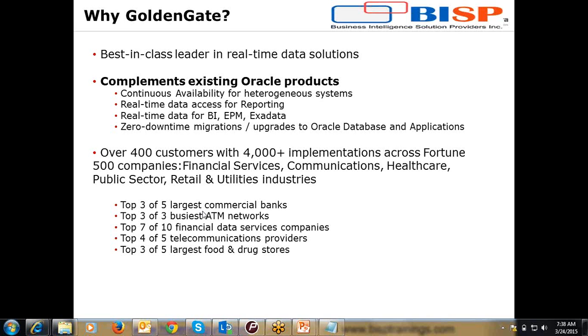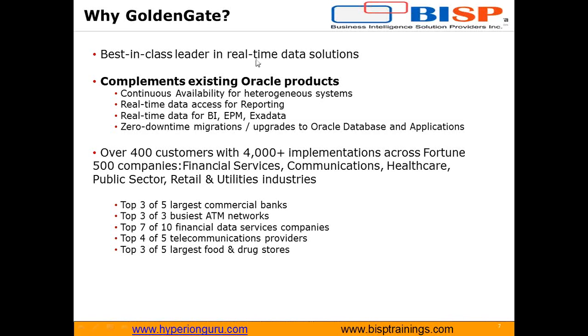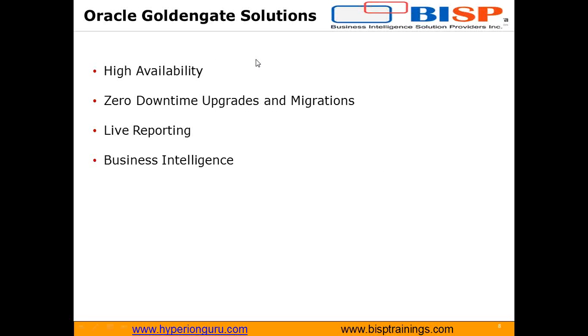Moreover, it works on heterogeneous environments as well. So it provides you high availability, zero downtime upgrades and migrations, live reporting, and business intelligence. These are the Oracle Goldengate solutions.